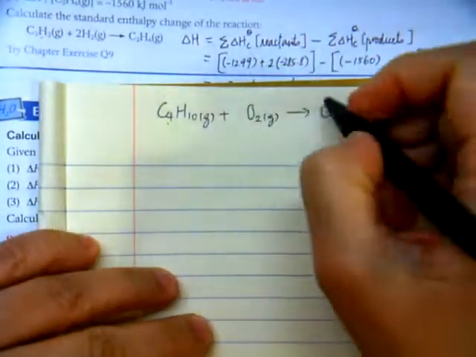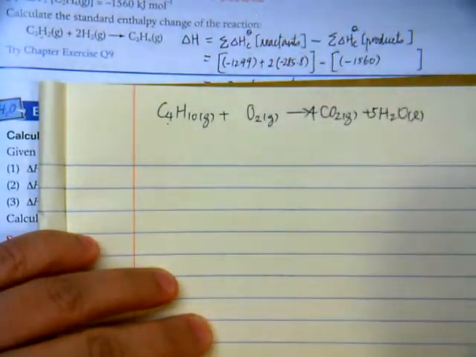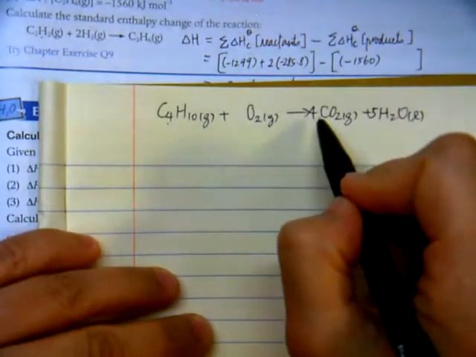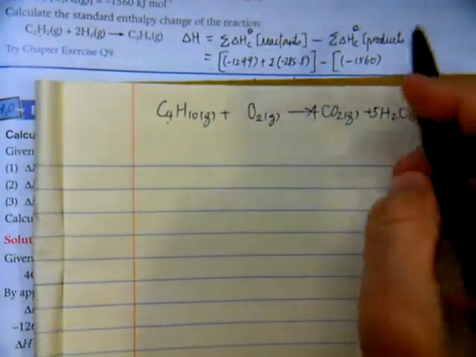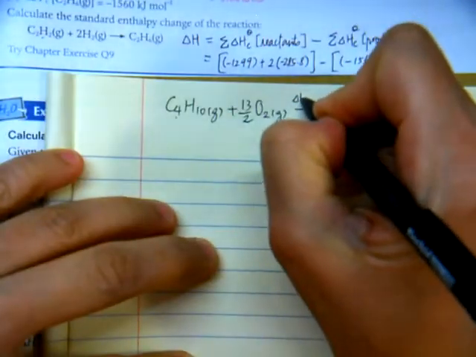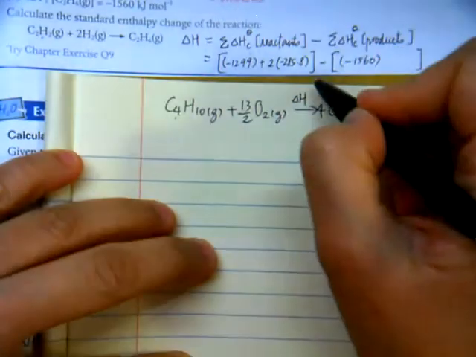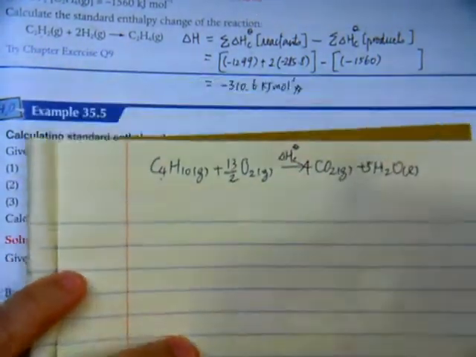Next, 4 moles of carbon dioxide, 5 moles of water. Finally, 13/2 oxygen. This is the equation that you need to work out. Okay, it is the combustion of butane.